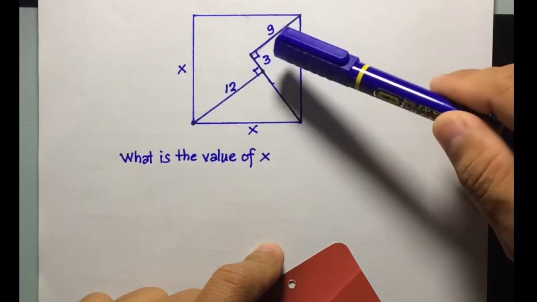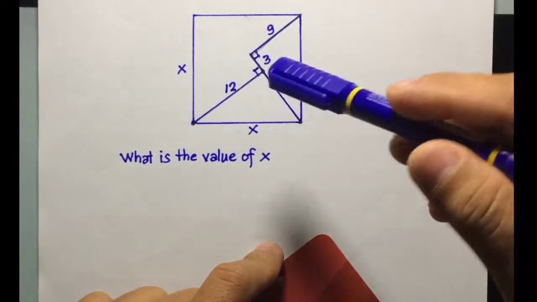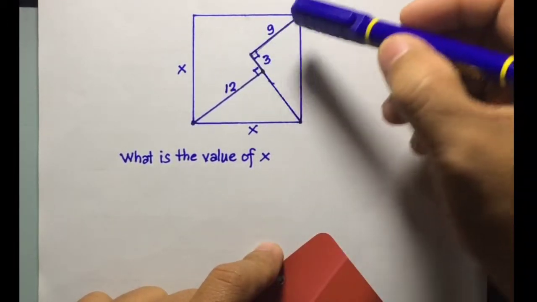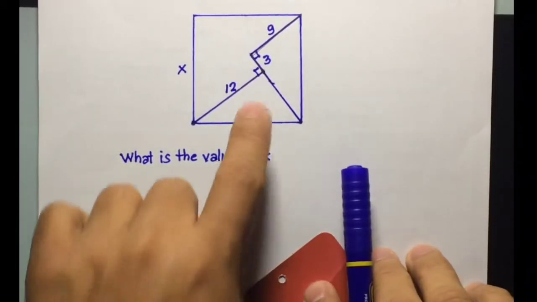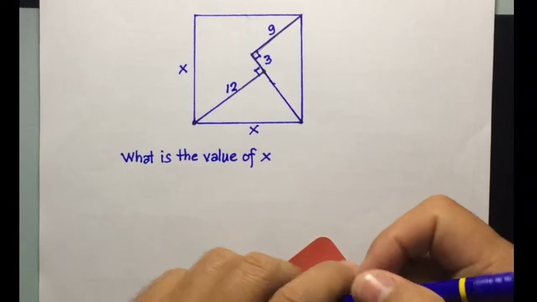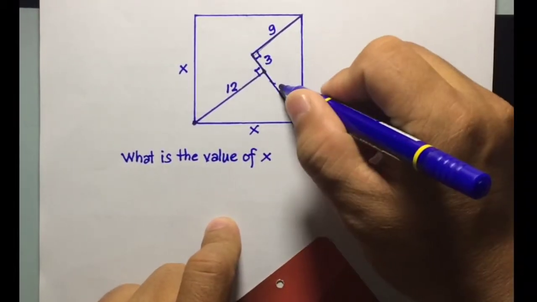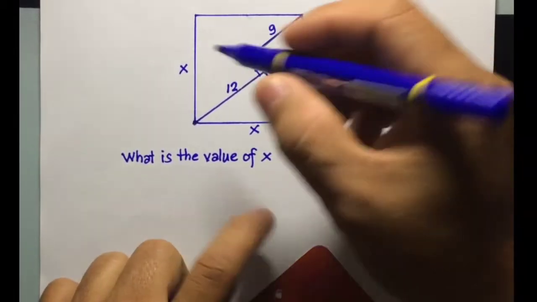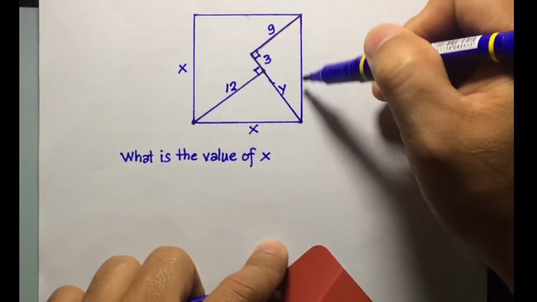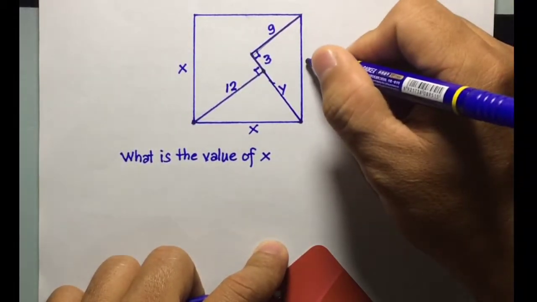This one is 3, this one is 12, and I will let this line segment from this point to this point be y. This is a square, meaning this line segment is also x.